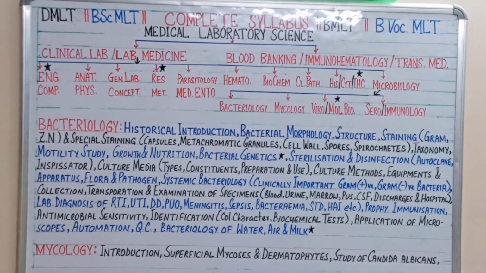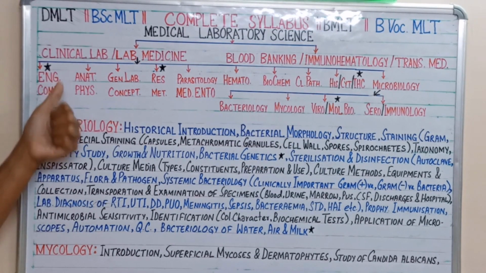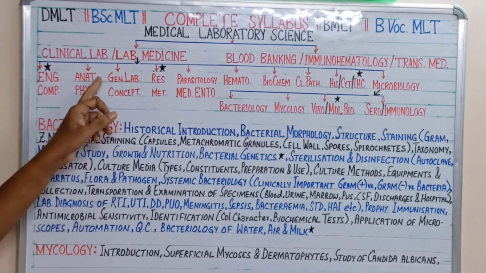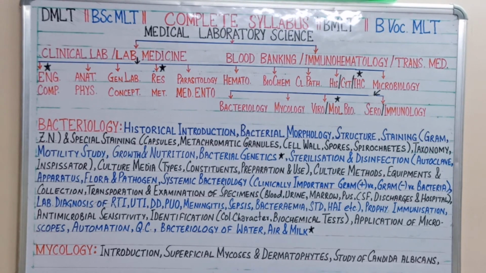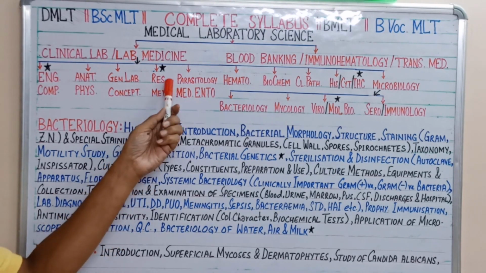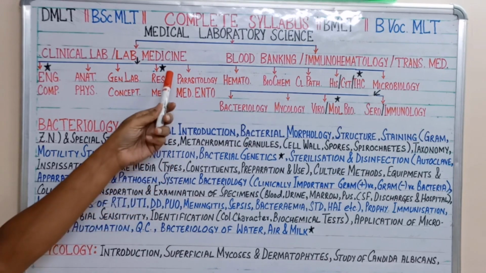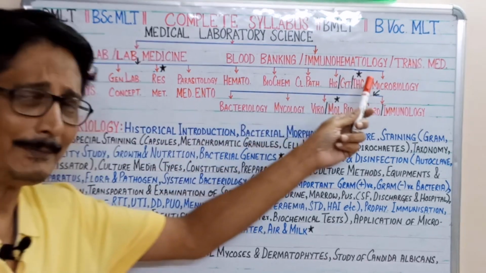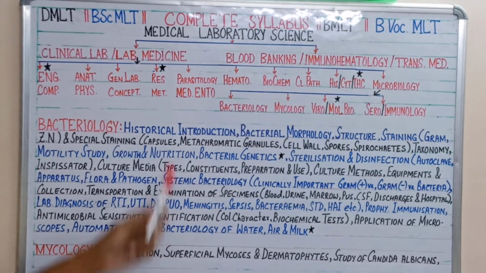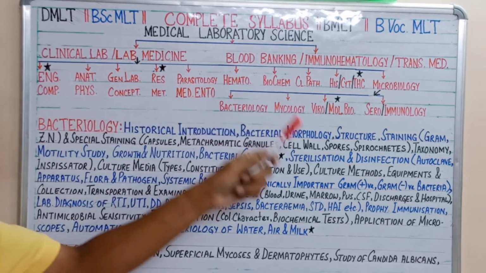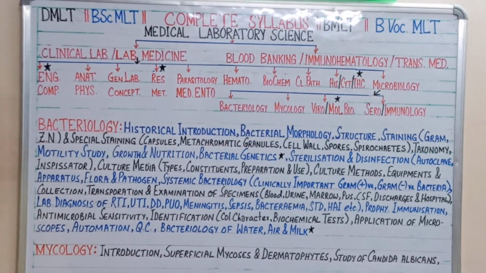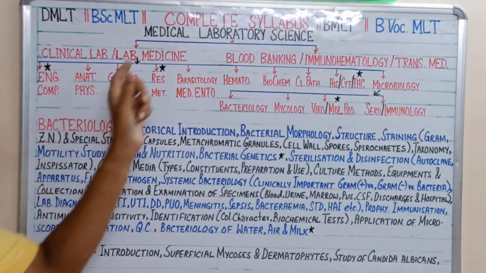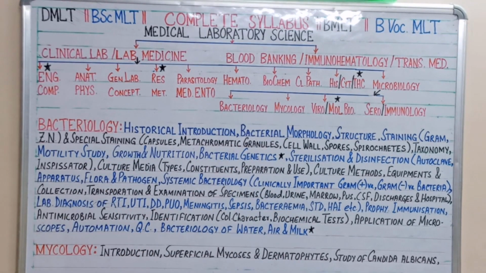In the laboratory medicine section, first we have already discussed English and computer, anatomy and physiology, and general laboratory concepts, where we discuss laboratory mathematics, laboratory units, fundamental chemistry, and next the research methodology. The black stars are mainly for the bachelor degree students, and the rest of the course is for the diploma students, including the black stars for the bachelor degree students.